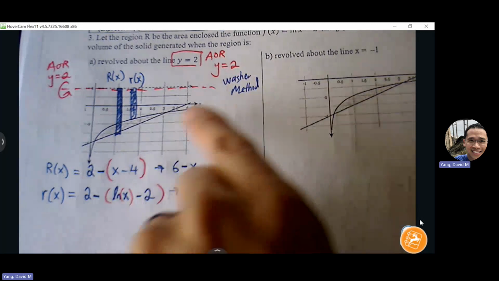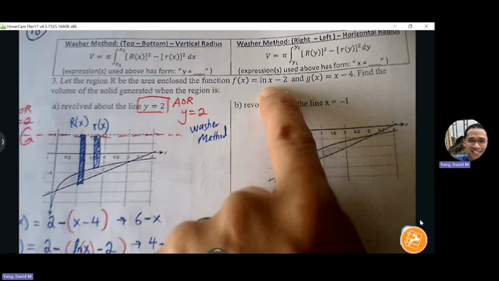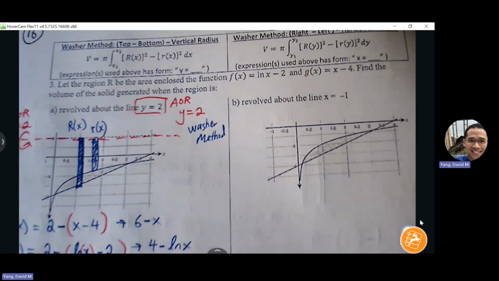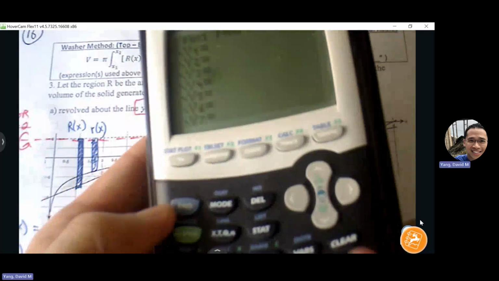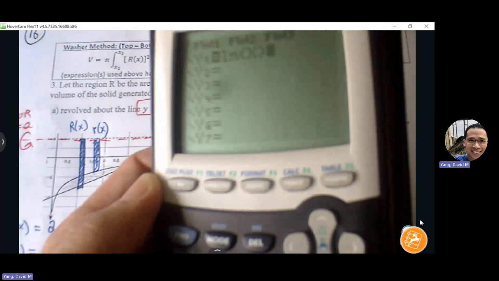I want to actually see what this graph looks like. So I'll let y1 be natural log of x minus 2. And this is my y2. Now, when you type in y1, make sure that you close off your natural log of x before you do a minus 2.